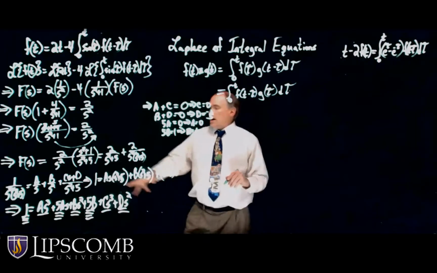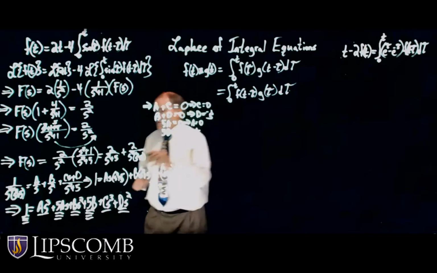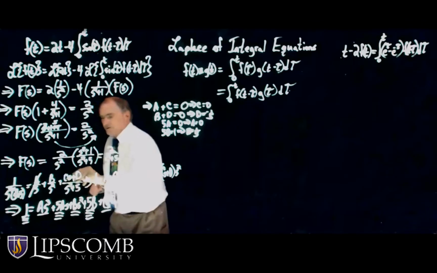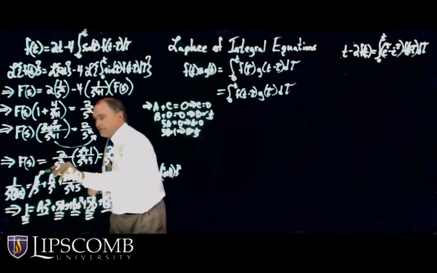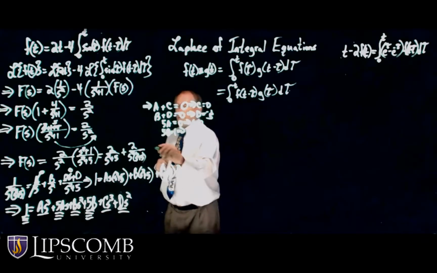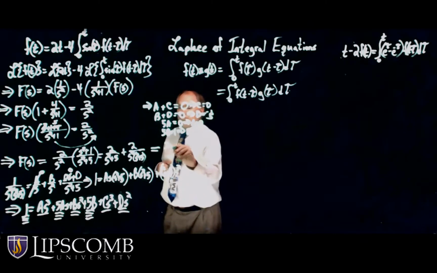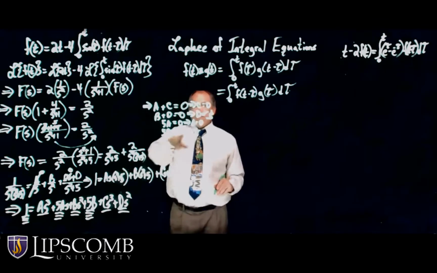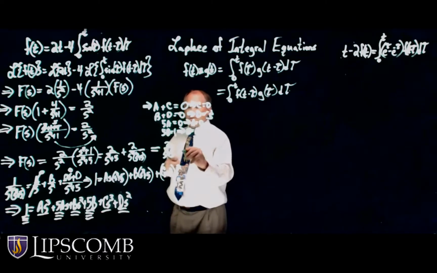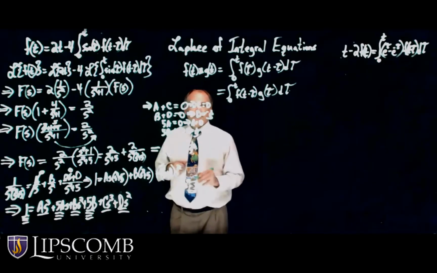So now I've got this broken up. A is 0, so that guy's out of there. C is 0, so that guy's out of there. So what do I end up with? Let's continue right here. So I have 2 over s squared plus 5. B is 1/5, so that'd be plus 1/5, 1 over s squared.